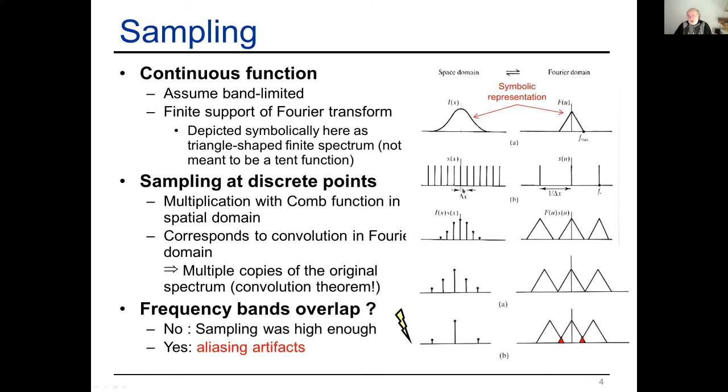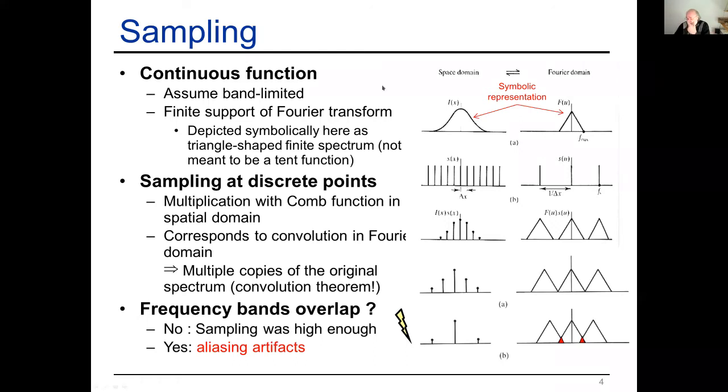As we just saw, if we want to do a regular sampling of that function, we have to multiply it with the comb function, where the distance between the comb spikes corresponds to our pixels, right? If we're doing ray tracing, let's say we sample at the center of our pixels, and we're looking at one scan line here, and the distance between the spikes of the comb function is the distance between the centers of my pixels.